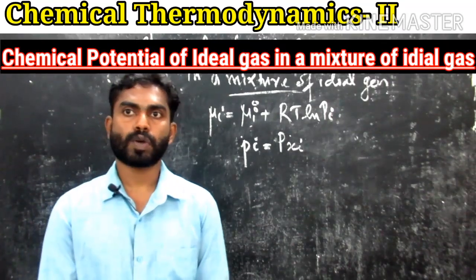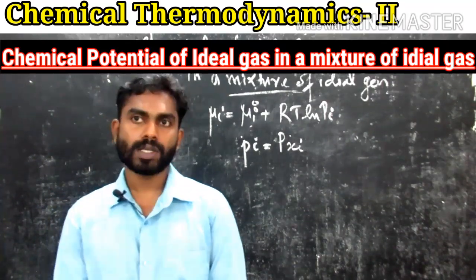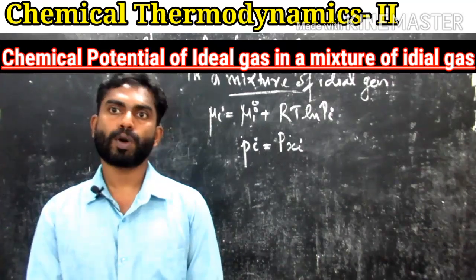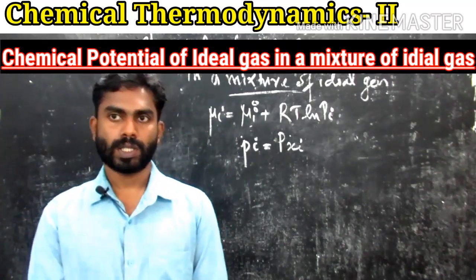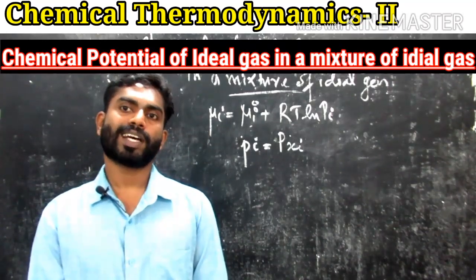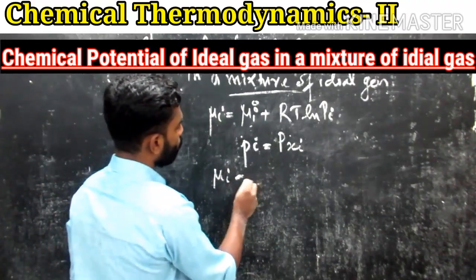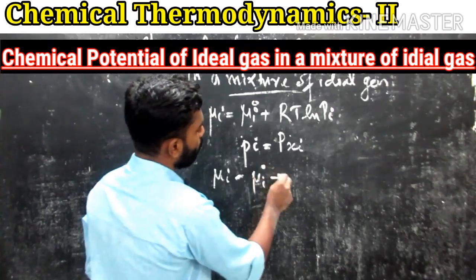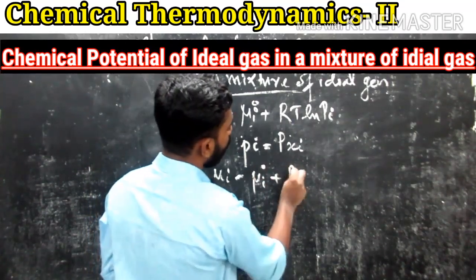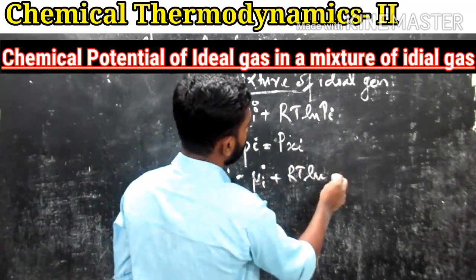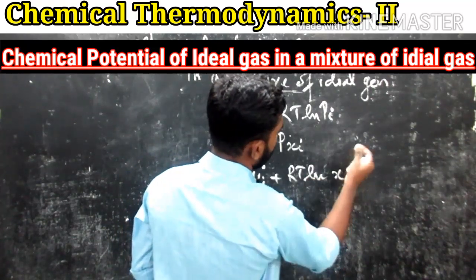Remember, the partial pressure of a component in a mixture of gases is equal to the product of its mole fraction and total pressure. Then we can write mu i is equal to mu i0 plus RT ln Xi P.